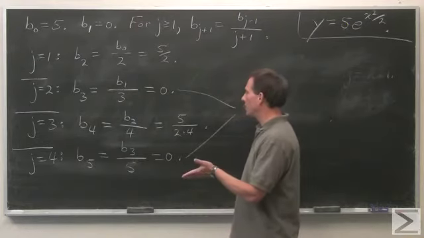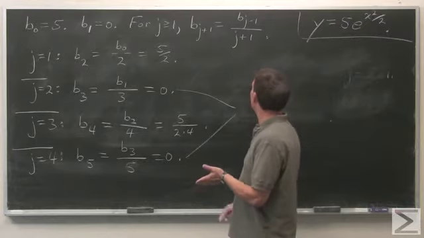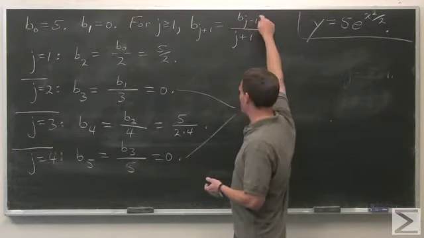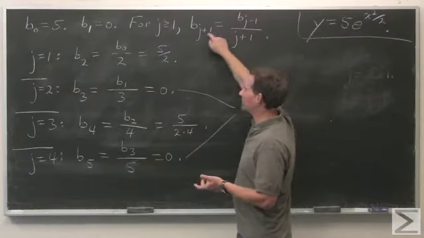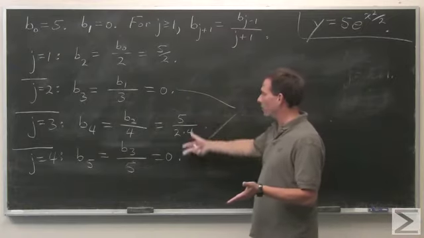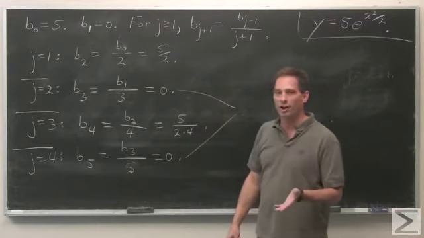If j minus 1 is odd, then j plus 1 will be odd, and all the earlier odd ones are 0, so all the later odd ones will be 0.